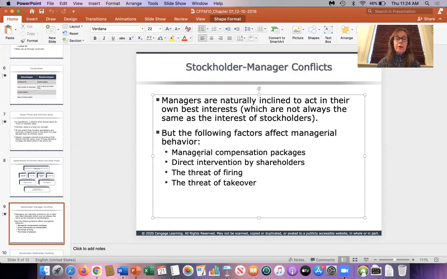So this is where profit sharing comes in. If you give the managers a percentage of the profits, if they increase, bonus systems. You can also give managers what's called stock options. Just real quickly, the way that works is, let's say that at the end of the year, the price of the stock was $100 a share.